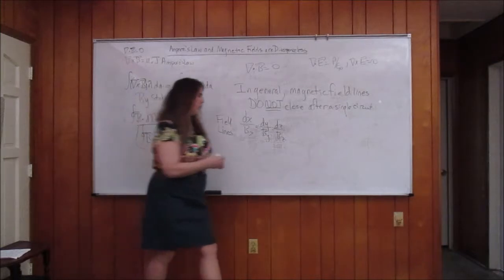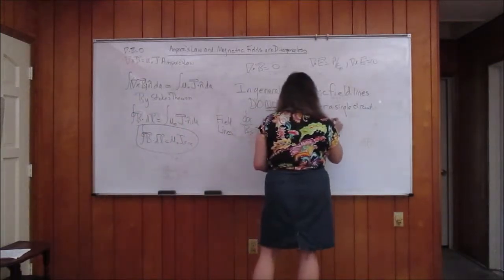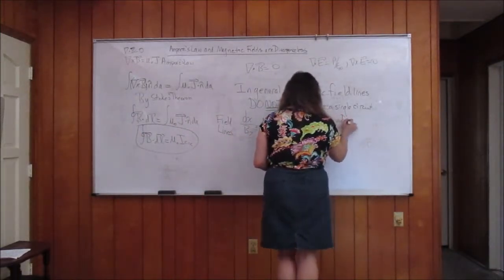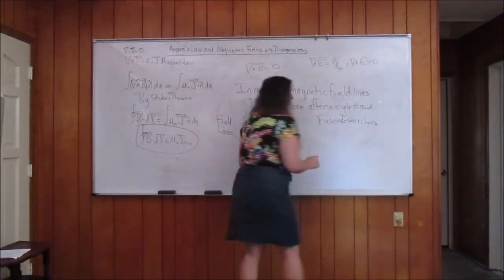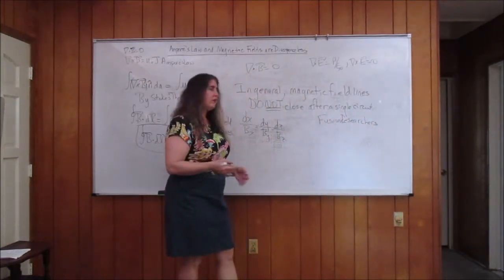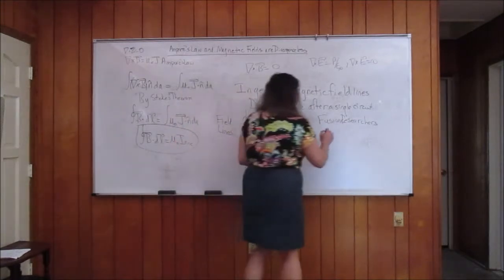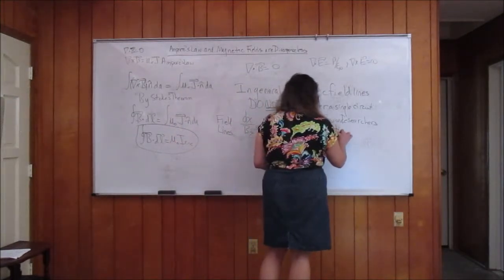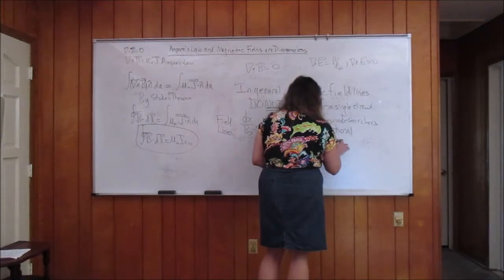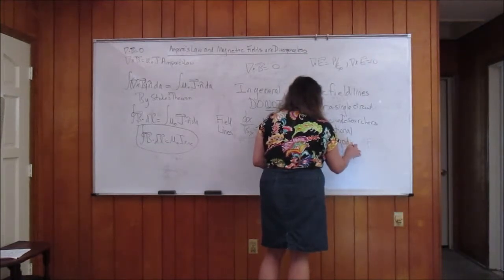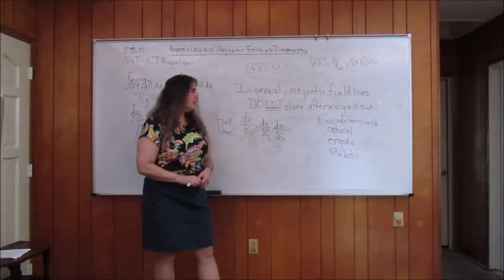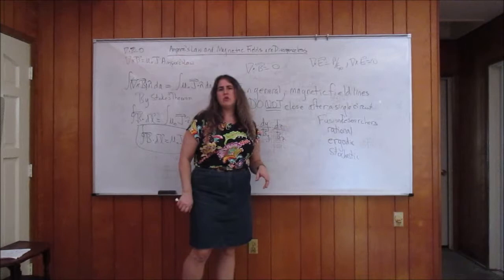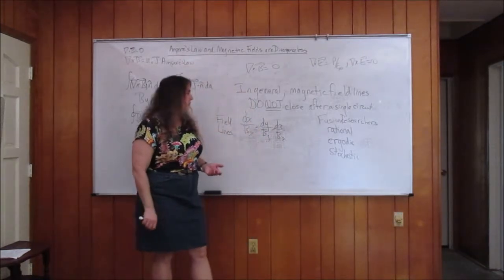So fusion researchers classify magnetic field lines that are important in their field of study as being rational, ergodic, and stochastic. Rational meaning that the field lines close after a finite number of circuits.